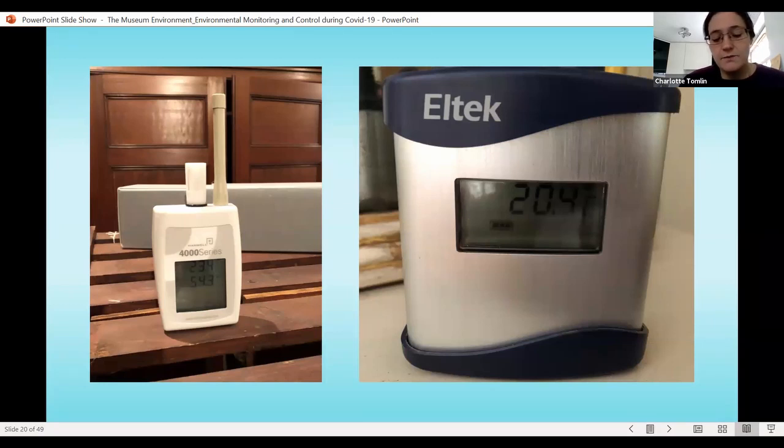Probably the most effective monitoring system is the telemetric environmental monitoring system. These can provide the same data as the data loggers, with the added bonus of being able to access live data. The data is transmitted almost instantaneously to computer software where it can be accessed and viewed live.